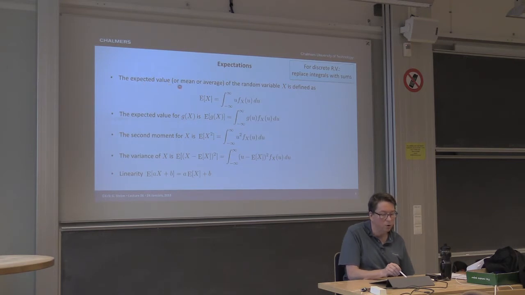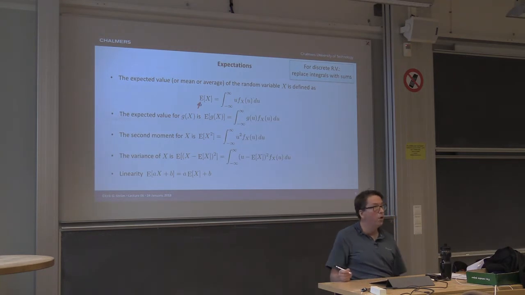In English, it's also known as the mean or sometimes the average of a random variable, is defined as follows. Okay, so E here is now an operator. It has nothing to do with energy or something like this. It's just an operator telling us that we are interested in the average value of the randomness which is inside the brackets here. So if the randomness is just a random variable, it's the average value of this.